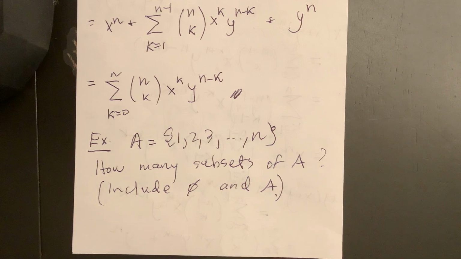Well, there's different sizes, right? I could have a subset, the empty set, there's no size, but there's n of size 1, right? And then there's n choose 2 of size 2.